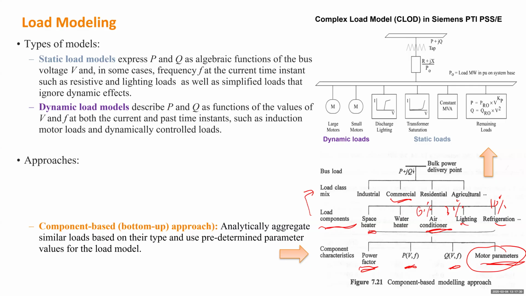In this load model, it suggests we need to consider elements like large motors, basically from industry, and also small motors for the residential users. So together they form the dynamic load, and the remaining part will be pretty much the static load, because it doesn't depend on time. The load will mainly depend on voltage or frequency.